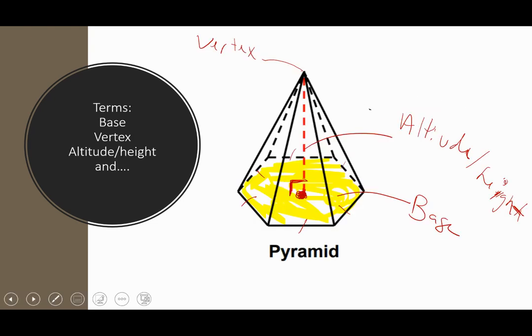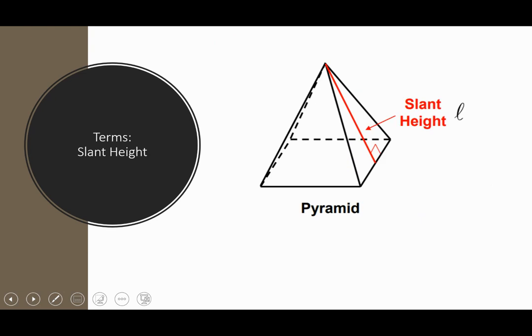But as you can see, it says l over here. So we're going to go to l. The l is the slant height. So this is the slant height. And it's slant because the sides are, wait for it, on a slant. But it has a special letter here, which is a cursive L, which is for our lateral side or face.